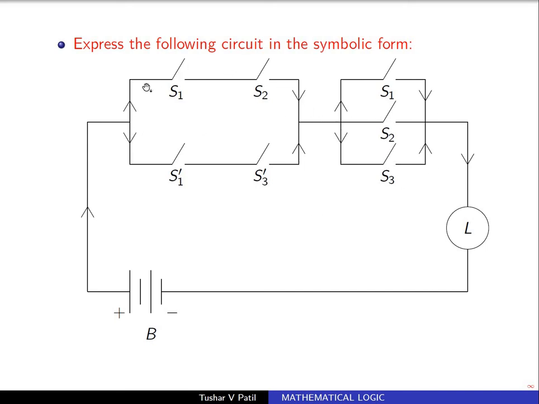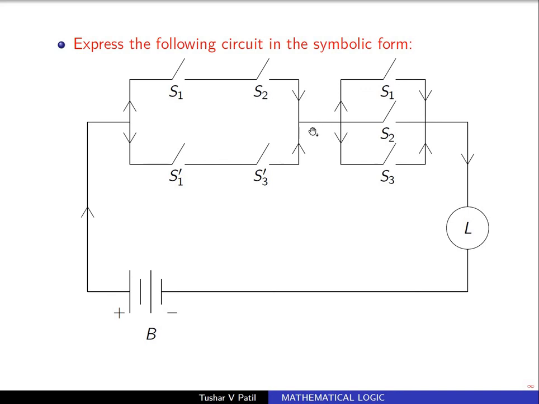In the first box, S1 S2 and S1 dash S3 dash are connected in parallel, but S1 and S2 are connected in series, and S1 dash and S3 dash are connected in series. These four switches are connected to these three switches in series. Look at here.